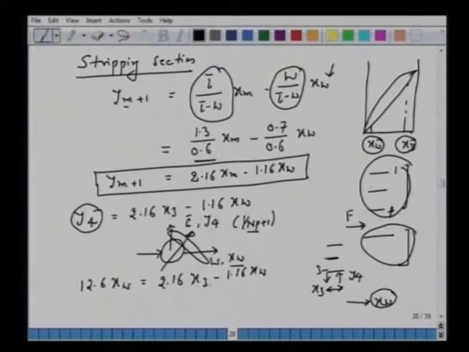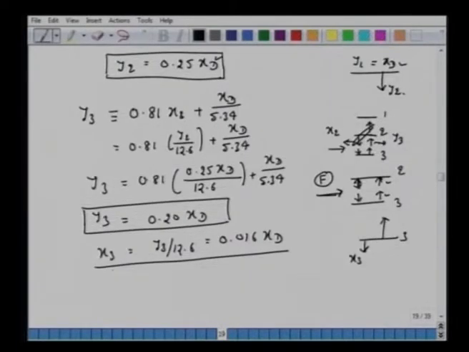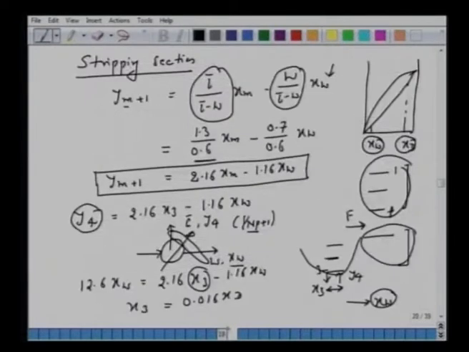But remember, this X3 we also calculated from the previous equations, from our operating line for the rectifying section, where X3 was calculated as 0.016 Xt. So go back to the previous slide here. X3 is calculated as 0.016 Xt. So we started from Xt, and by slowly writing these equations for every stage we have an expression for X3 in terms of Xt.